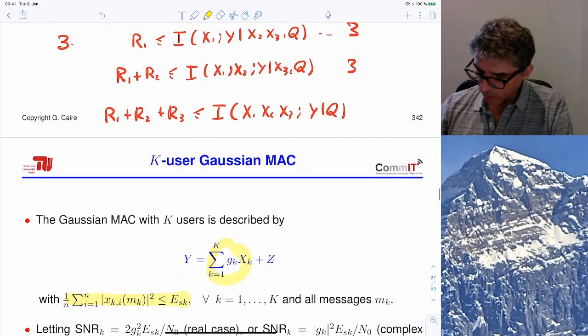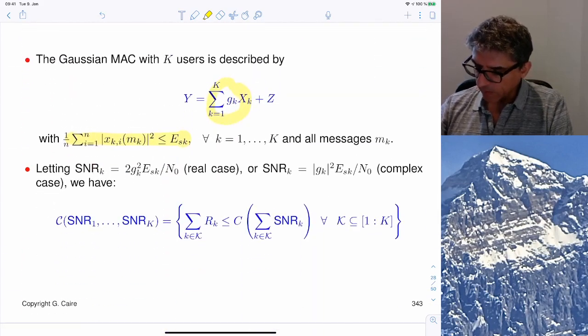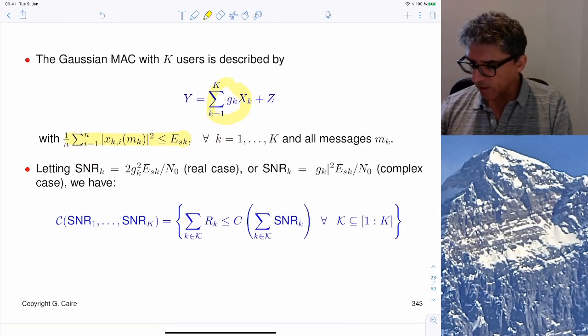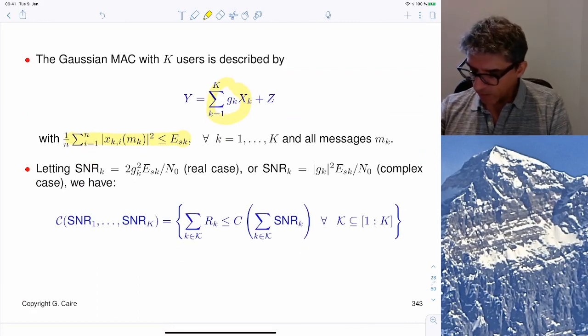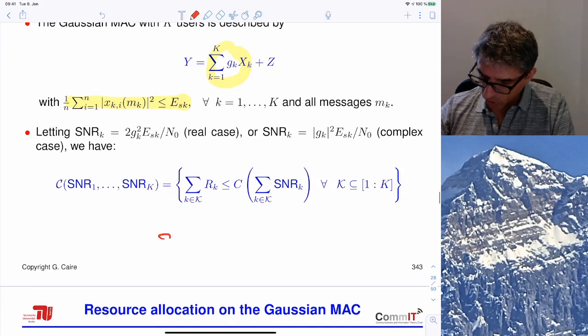So you see these inequalities again are exactly the same as the case for 2, but now how many inequalities do we have? Well, all possible non-empty subsets of the user set. So in general, we always have 2 to the k minus 1 inequalities.